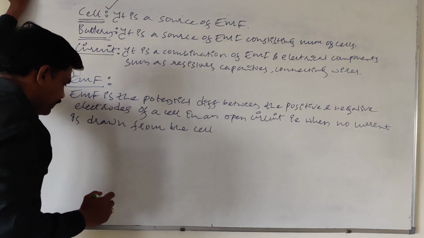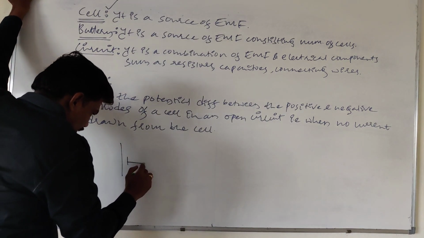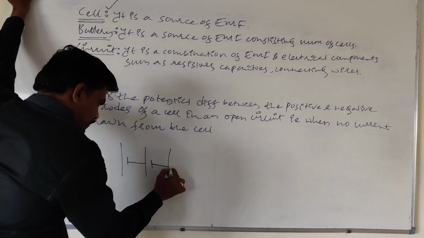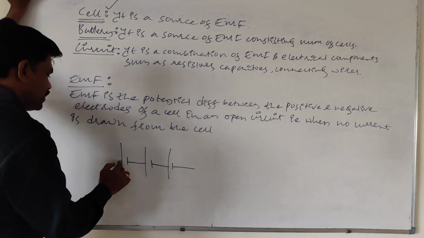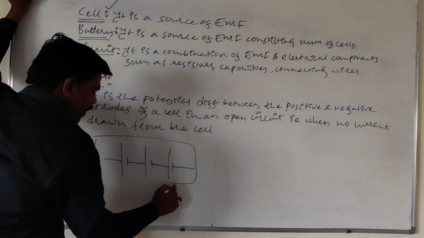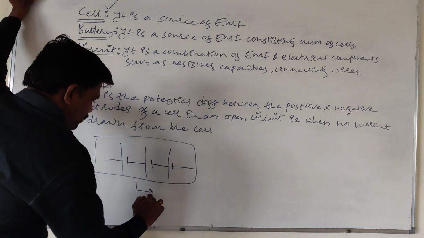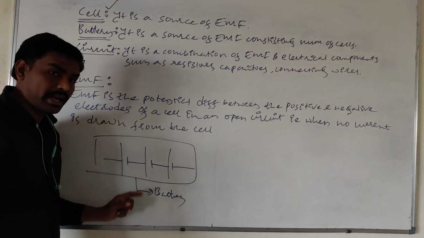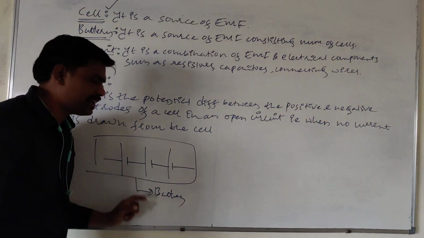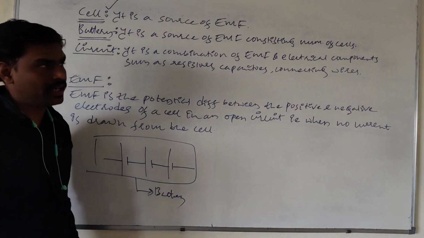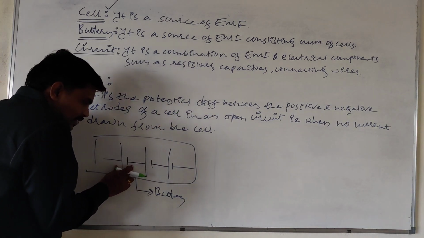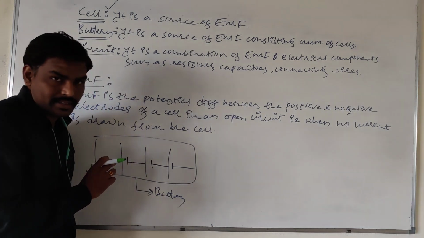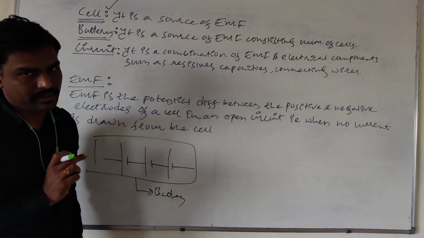See here, if suppose we are going to consider this, now this part is called what? Battery. This part is the battery. Correct? This one is a cell. Clear my point?